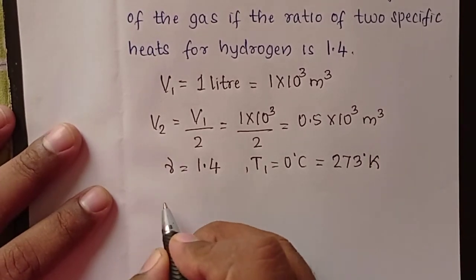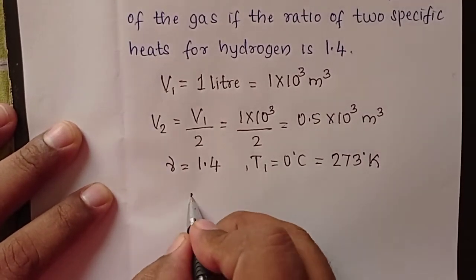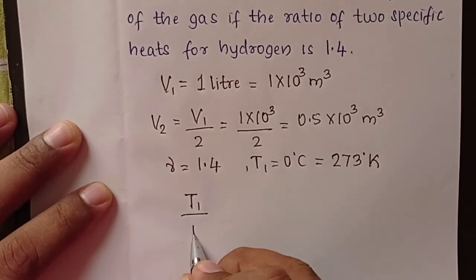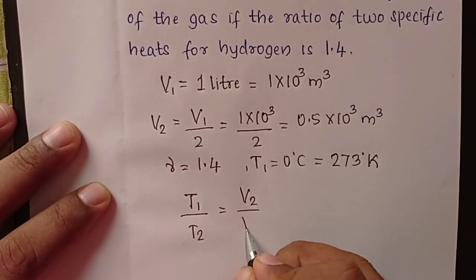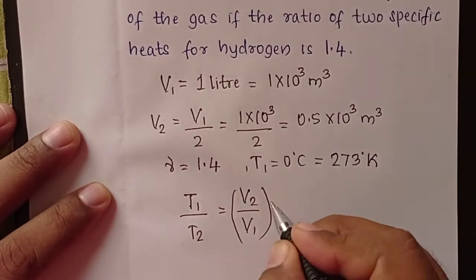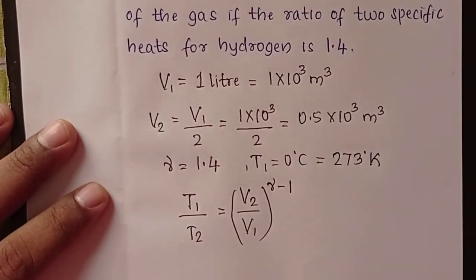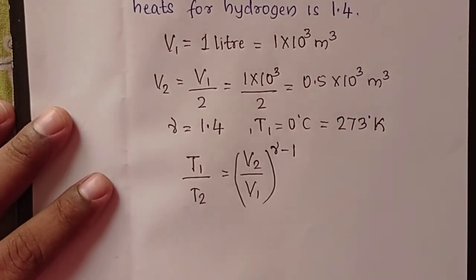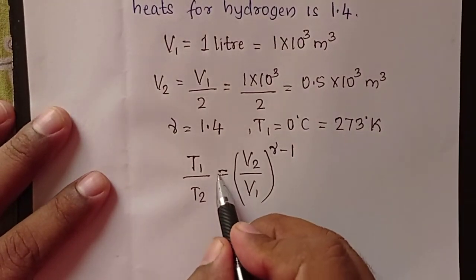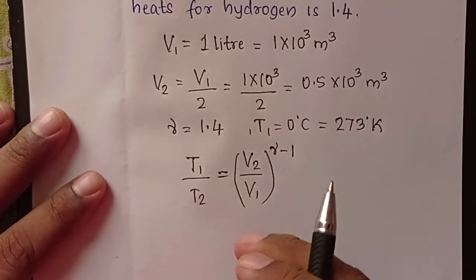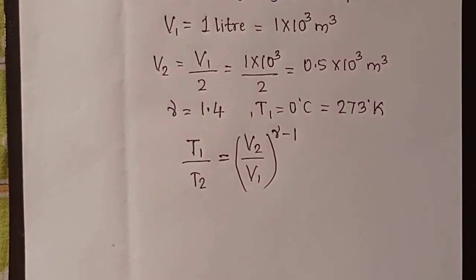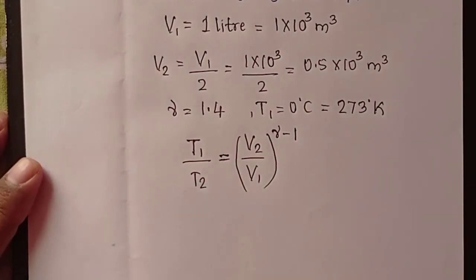So from this adiabatic process, let us take the PVT relationship, that is T1 by T2 is equal to V2 by V1 whole raised to gamma minus 1. So I repeat, T1 by T2 will be equal to V2 by V1 whole raised to gamma minus 1, as the process is adiabatic process, or it is called as isentropic process.